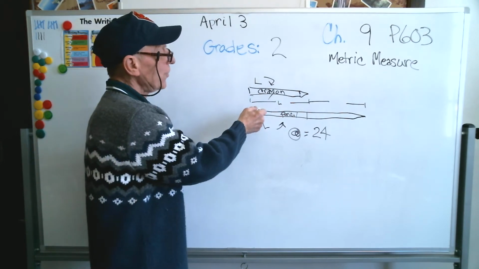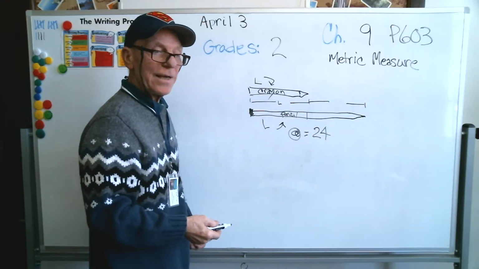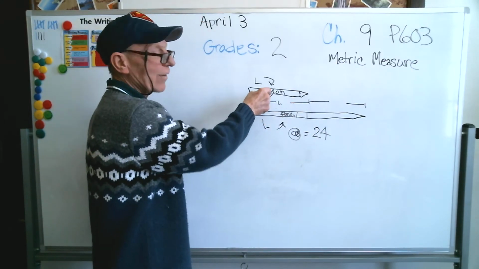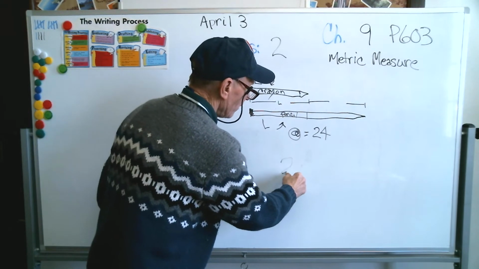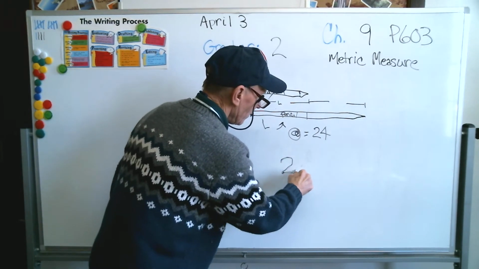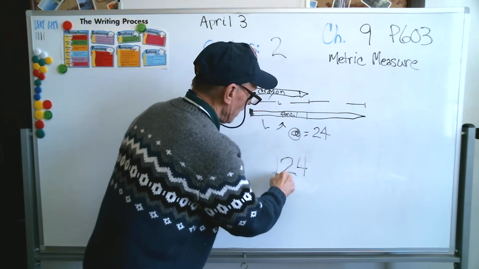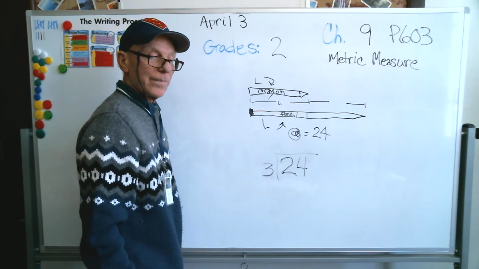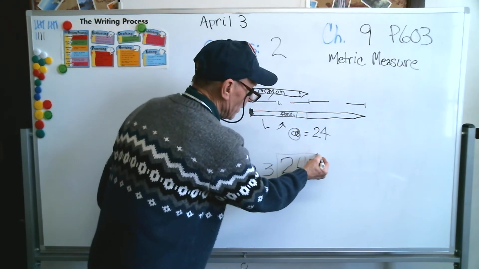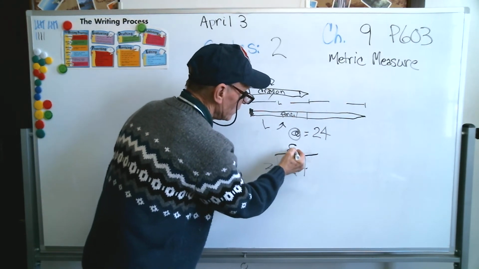So, since you have 1, 2, 3 lengths that are equivalent to the crayon, take your 24 and just divide it by 3. And if you divide that by 3, your answer is going to be 8.